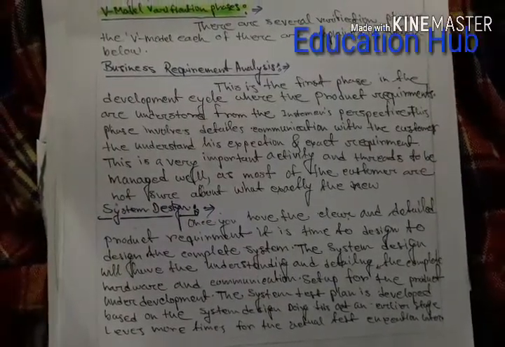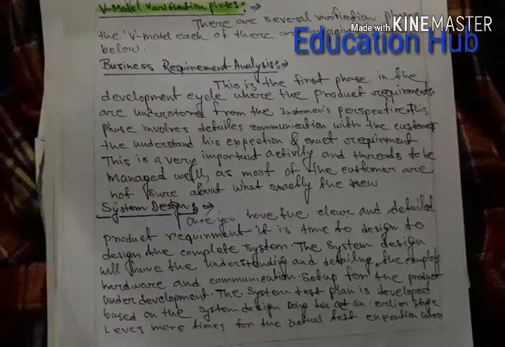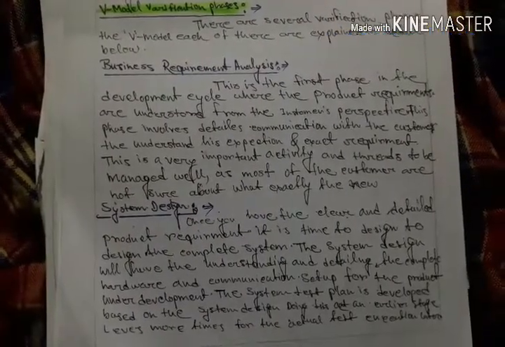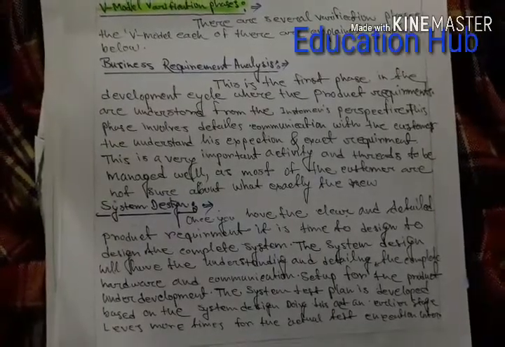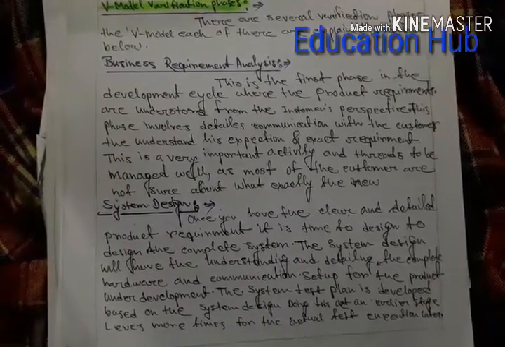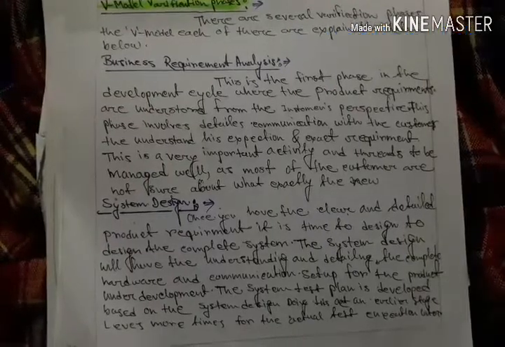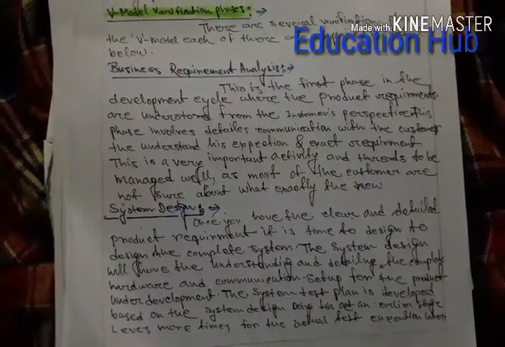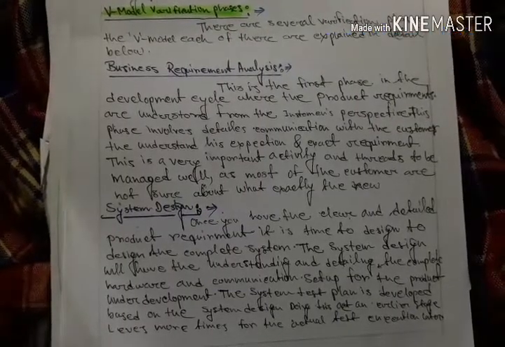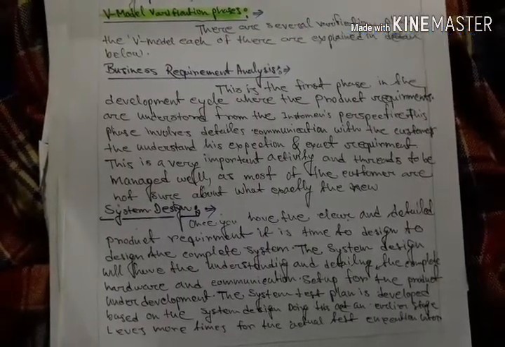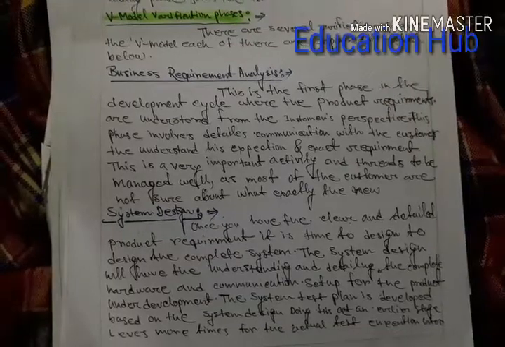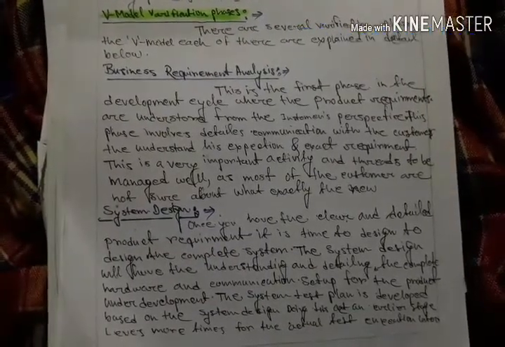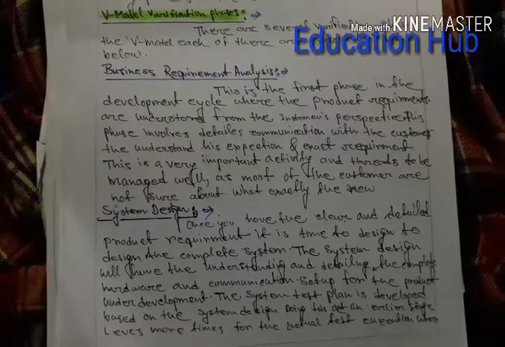Now, this phase is involved in finding out the communication with the customers, and it will understand their requirements and criteria. In this phase, it is a very important activity to communicate with the customers properly, so that it will be managed well.